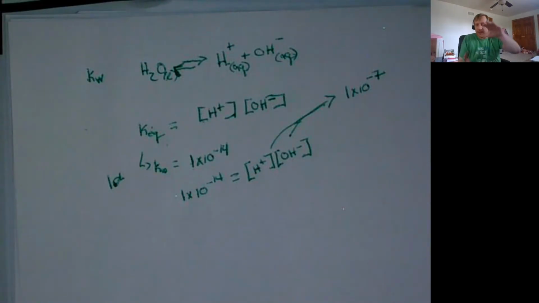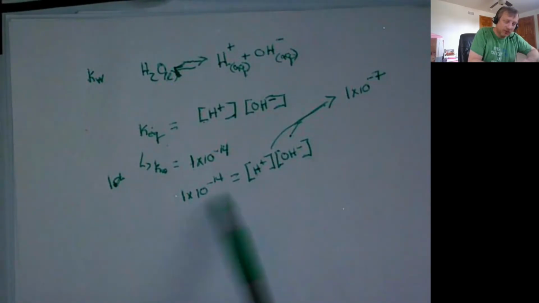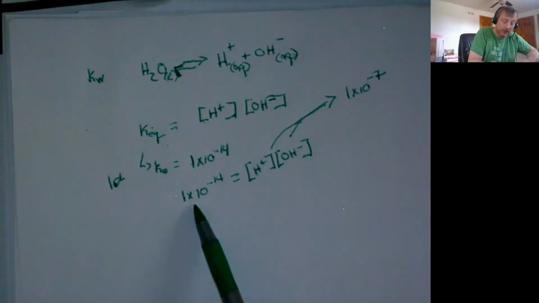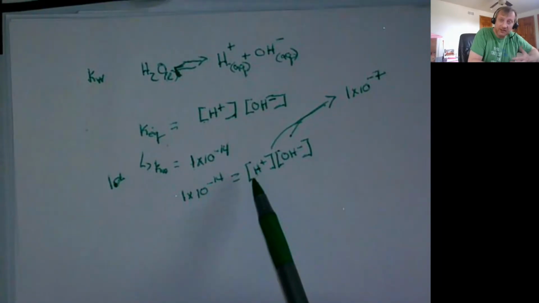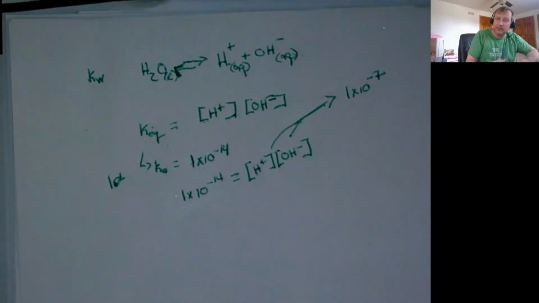Instead, the reaction acts to reduce that amount and raise the amount of the other thing so that the equilibrium expression remains constant. So if we add one of these ions, it's not going to change our number. This 1 times 10 to the negative 14th, even though it comes from the auto-ionization constant of water, is a number that can be used for us in any problem.